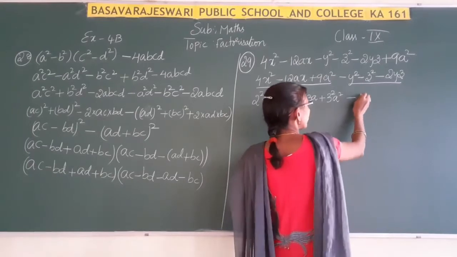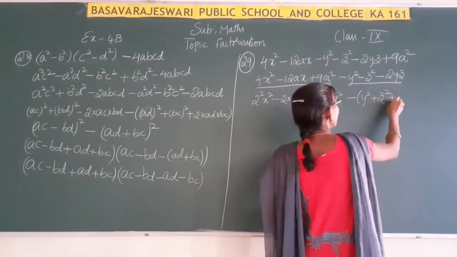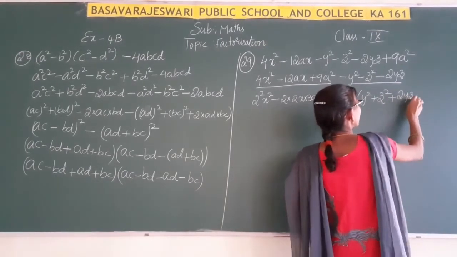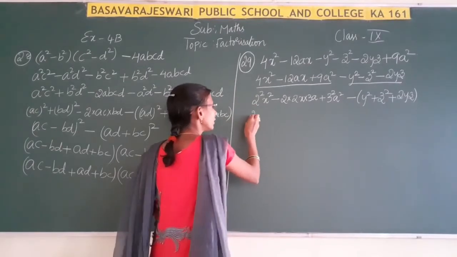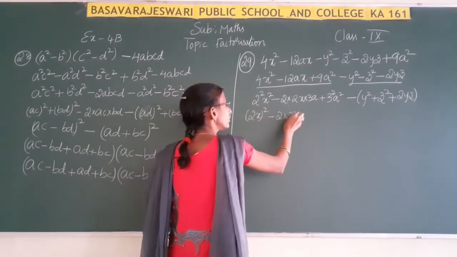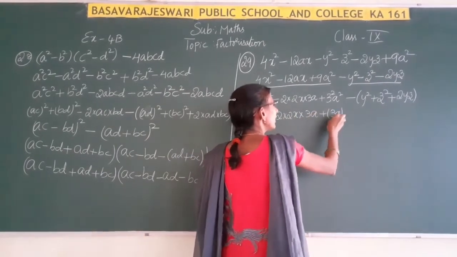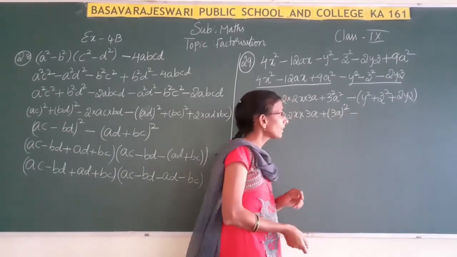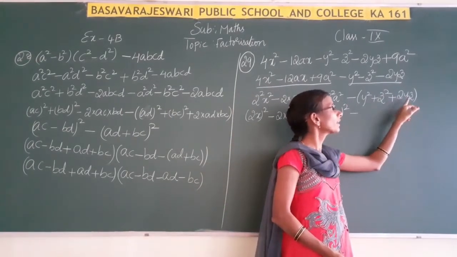So minus, if we take y square plus z square plus 2yz. So here you see (2x) whole square minus 2 into 2x into 3a plus (3a) whole square, minus a square plus b square plus 2ab.